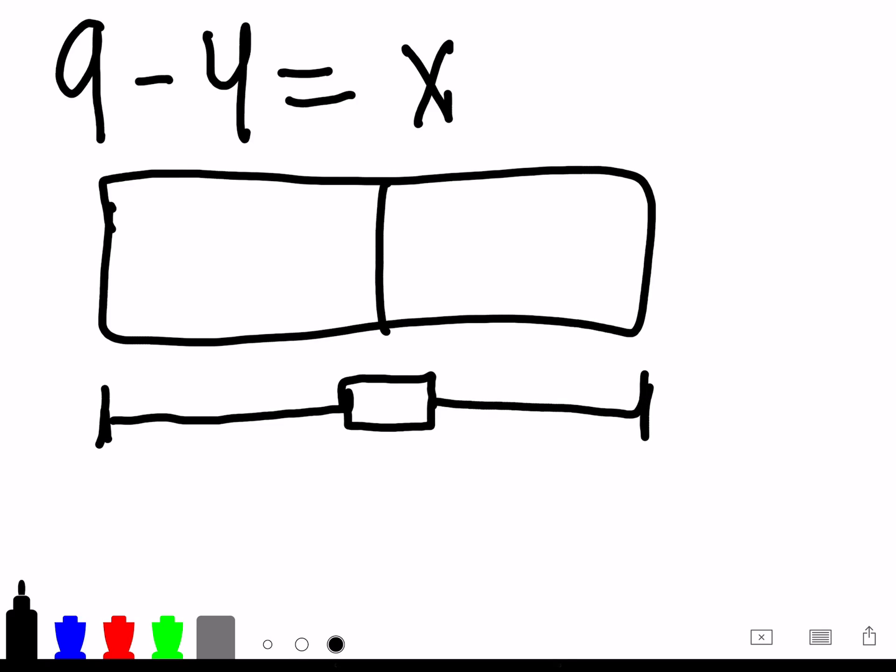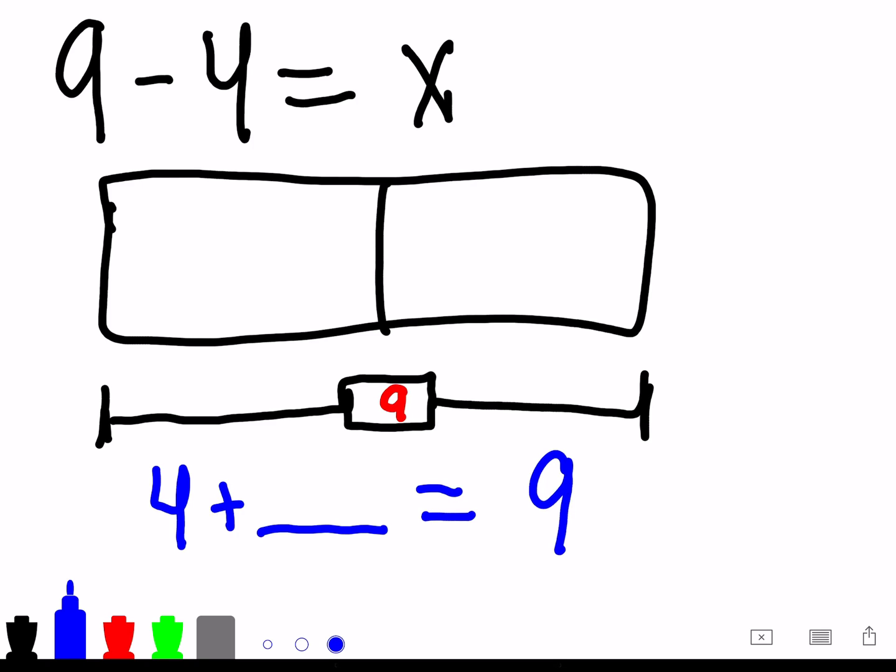And since it's a subtraction sign, we are losing numbers. So 9 minus 4, it's going to be a less number. So we know 9 in this problem is going to be the biggest one. So 9 will go in the whole section. So if you want to write this problem this way, 4 plus blank equals 9. So we can go ahead and put 4 right here. So 4 plus something, and the other part that we're missing equals 9.